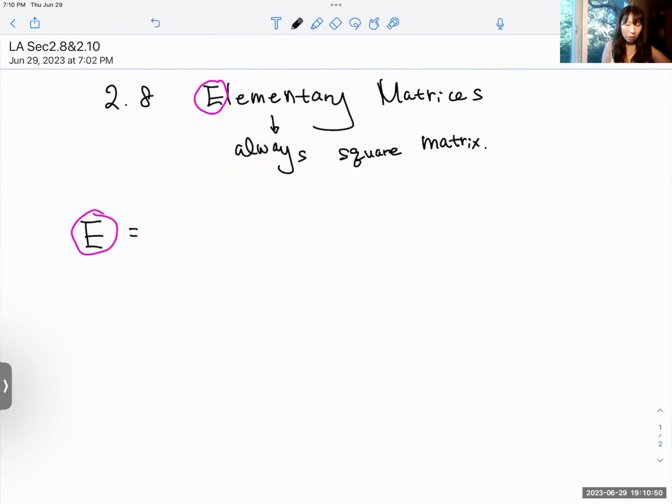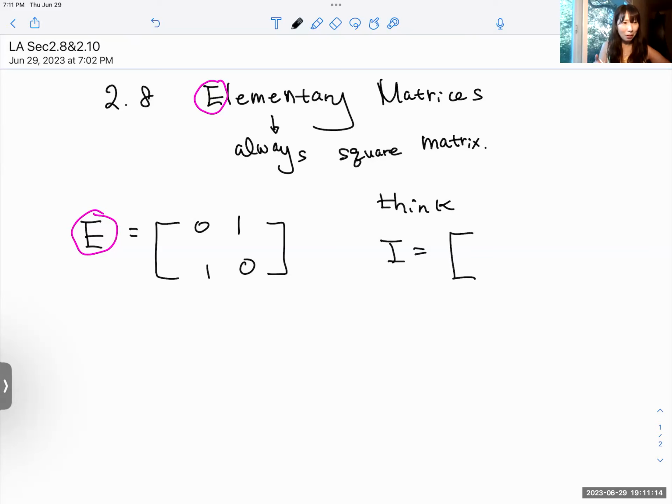All right, now we have 0, 1, 1, 0. We're gonna think undo from the identity matrix. Normally we have 1, 0, 0, 1, correct? Sorry about that.